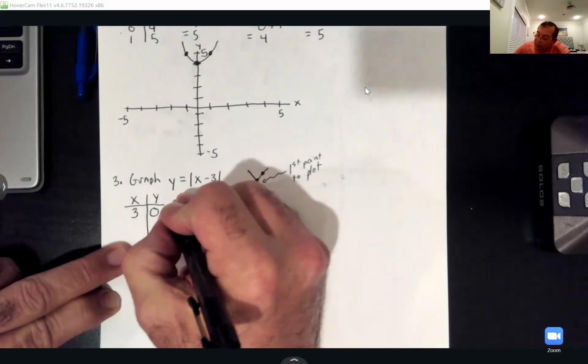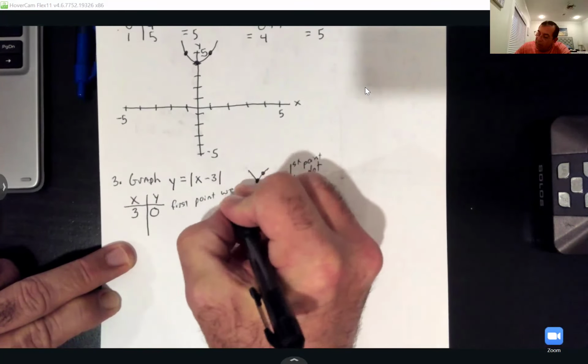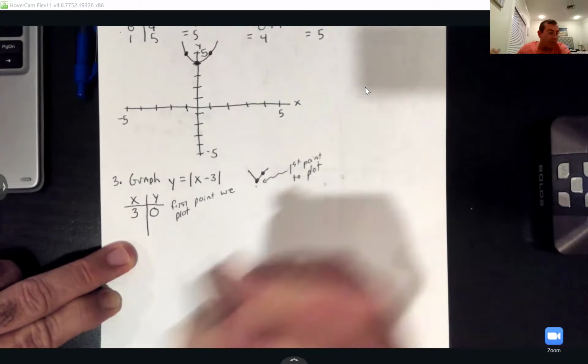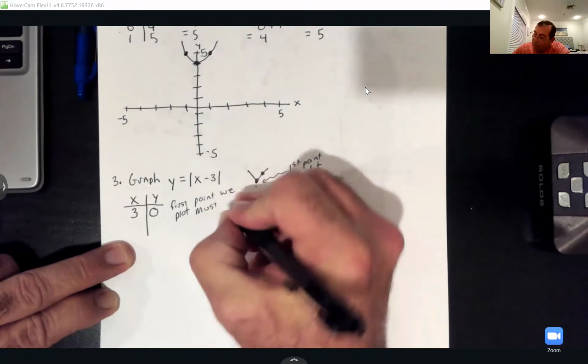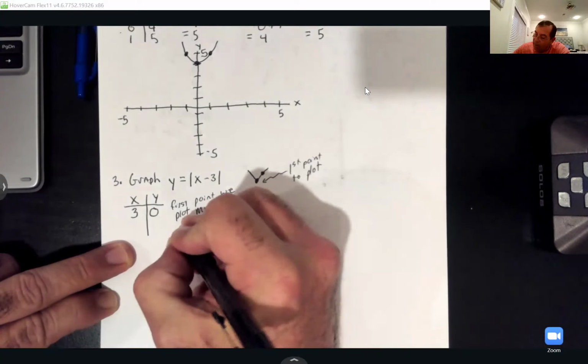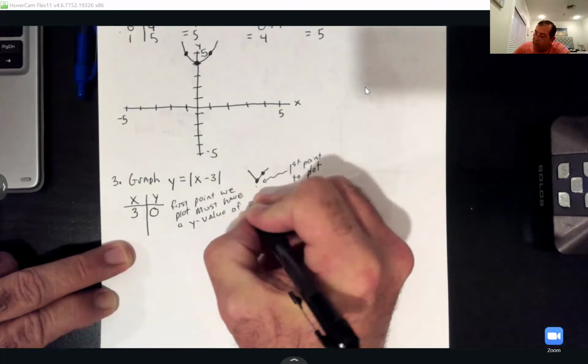So remember, the first point we plot must have a y value of 0.